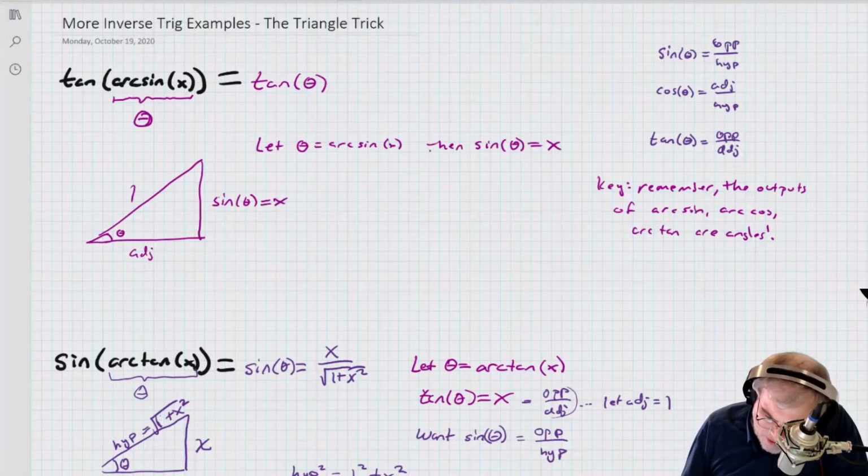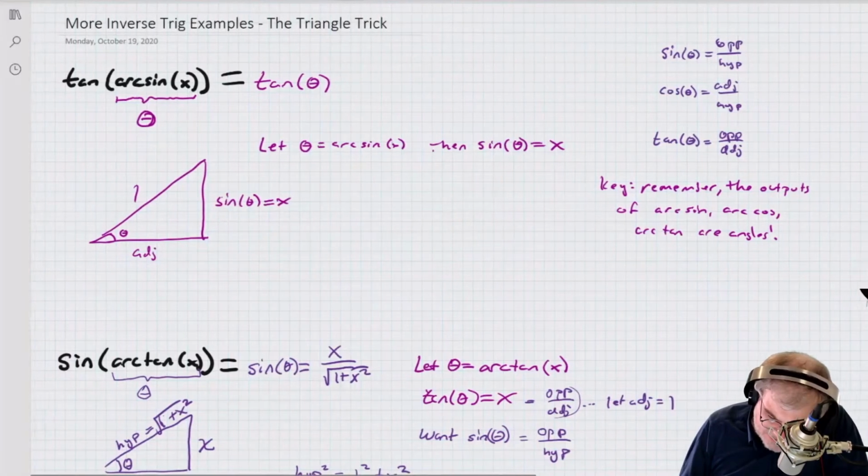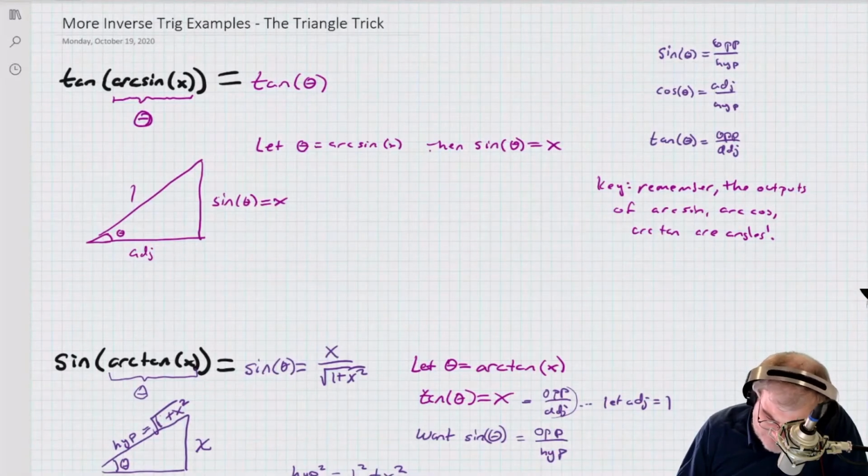Now what I want is this side, the opposite, over the adjacent. So I need to solve for the adjacent.